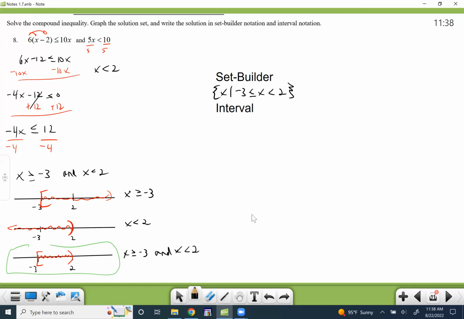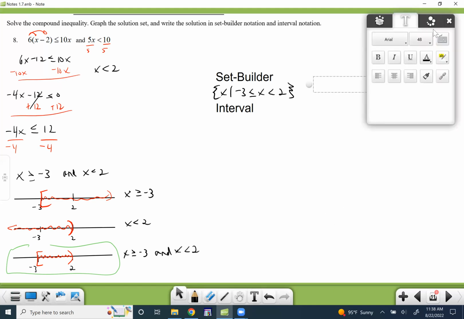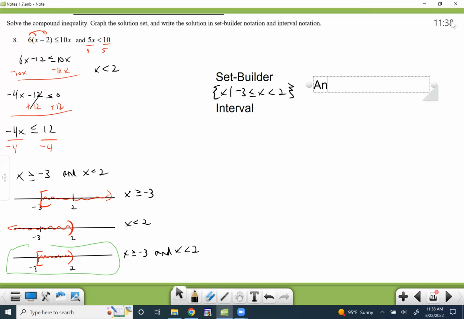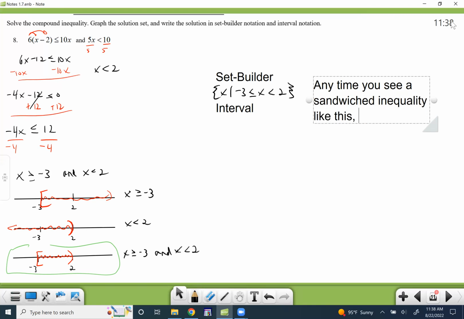Anytime you see a sandwiched inequality like this, right, then that is going to be the numbers between. Okay, so anytime you see a sandwiched inequality like this, it means the numbers between.